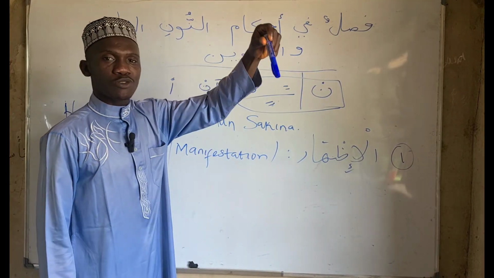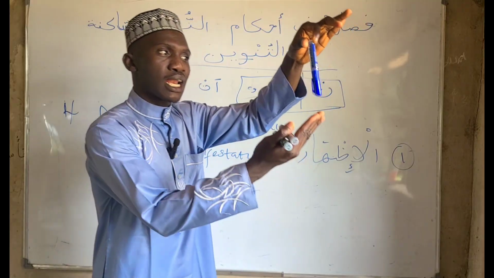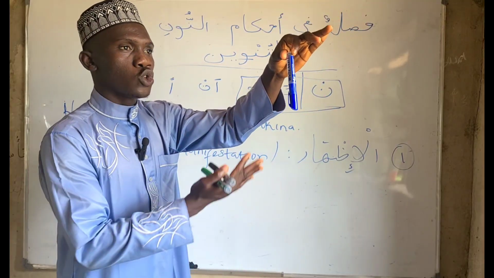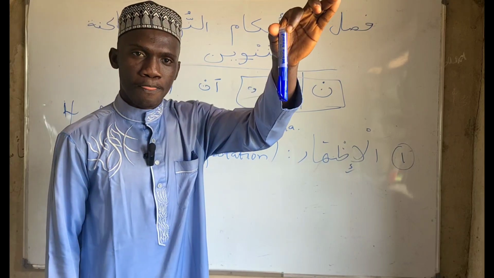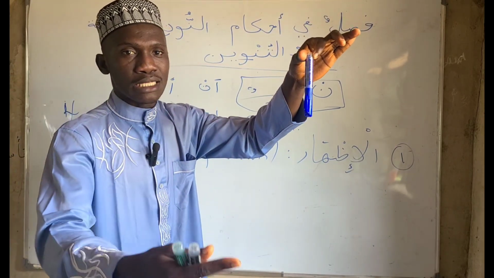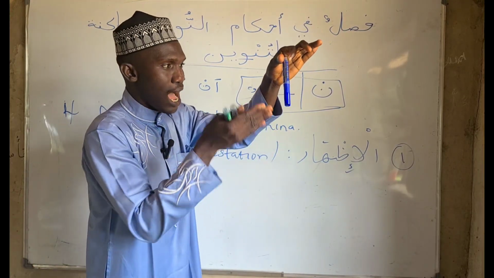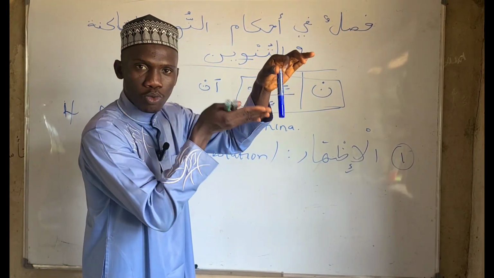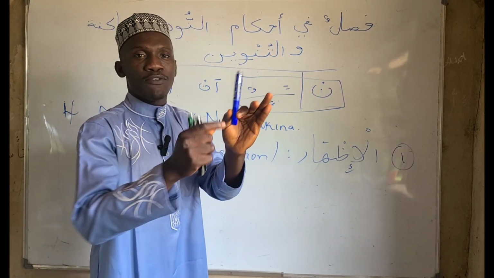As I'm holding this marker, everybody can see that this is a blue marker, right? It is very clear for everybody to see. There is no one that will come now and say that this is not a blue marker, this is a black marker. Everybody will object and say he is lying, because the color blue is generally accepted. So the Izhar is there. It is very clear for everybody to see.